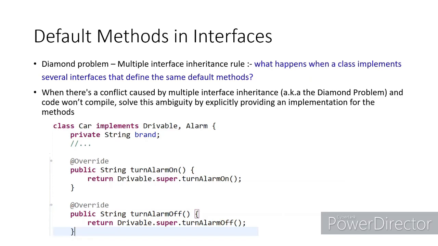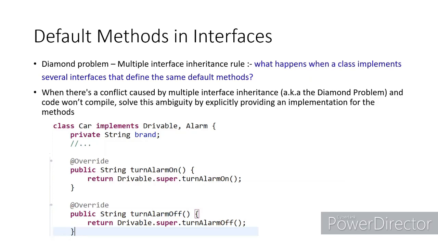Had it been that these two methods were there in the Alarm interface but not in another interface, there would have been no need for you to override it. Remember that, because default methods work in such a way that the implementation class need not override them unless you have come up with a diamond problem.